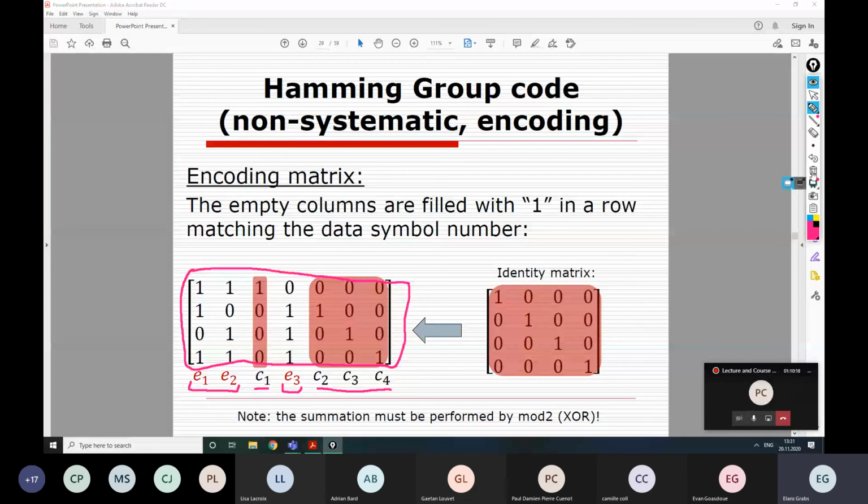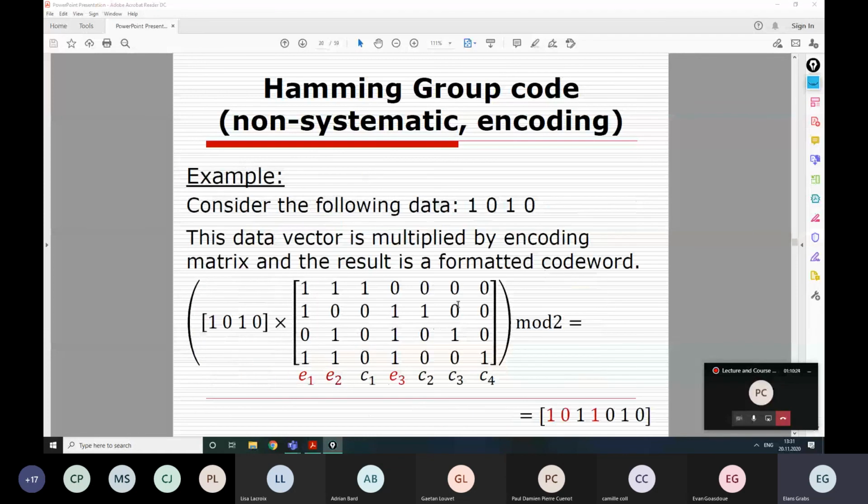So I will show you how to do that and how to use it to make the encoding process in one go. The only thing that we need to be aware of is that matrix multiplication involves regular addition, meaning that we will have 1 plus 1 equal to 2, not 0.